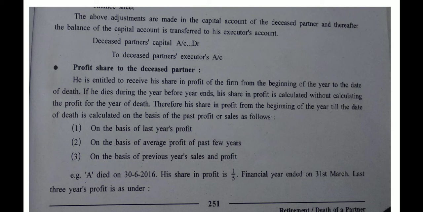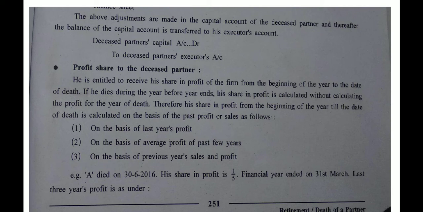If he dies during the year before the year ends, obviously, because there was no notice before the death took place. Where does the accounting year usually end? 31st March.